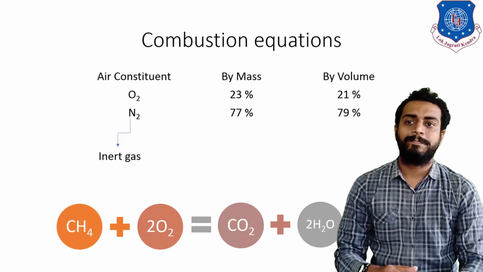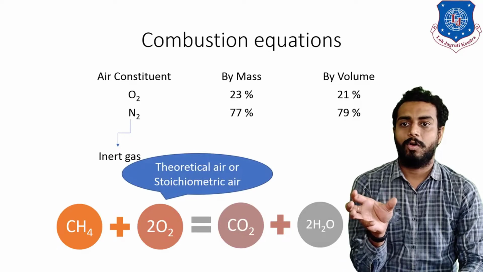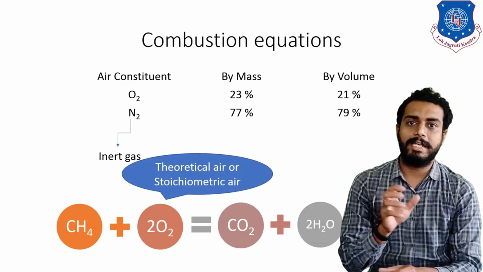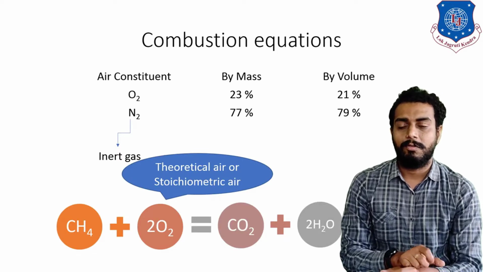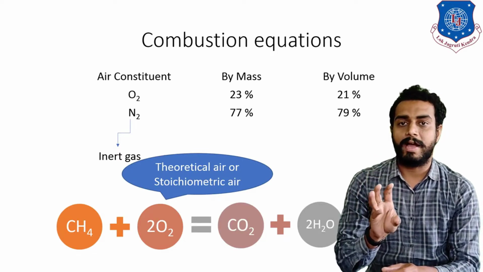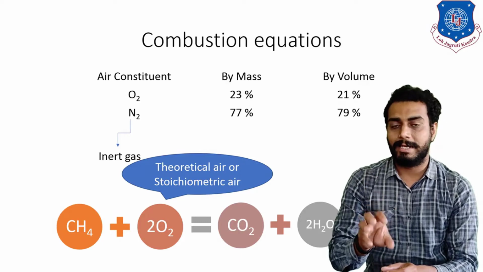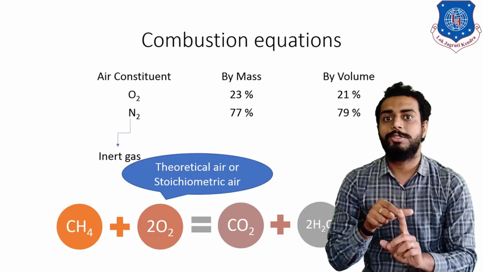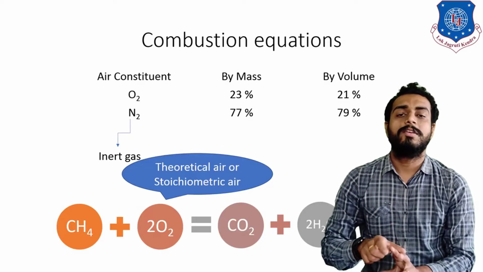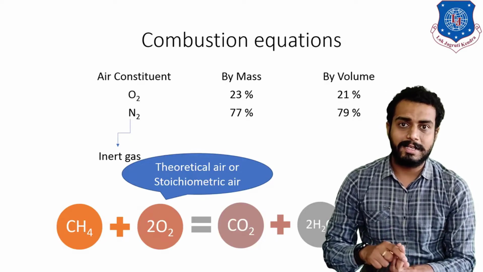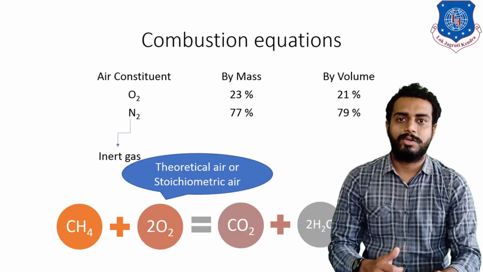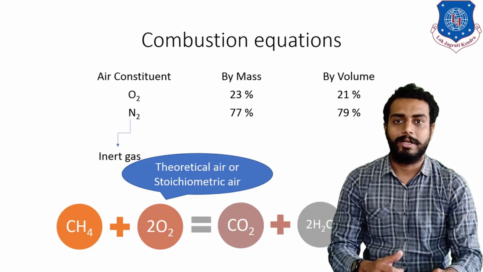For the theoretical air or stoichiometric air, whatever amount of oxygen is required for complete combustion of methane is written here. That much air is known as theoretical air or stoichiometric air, which is the minimum amount of air required for complete combustion.